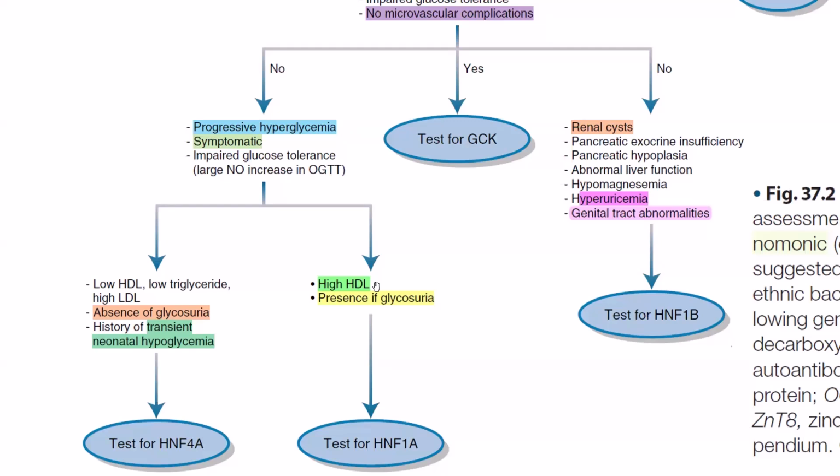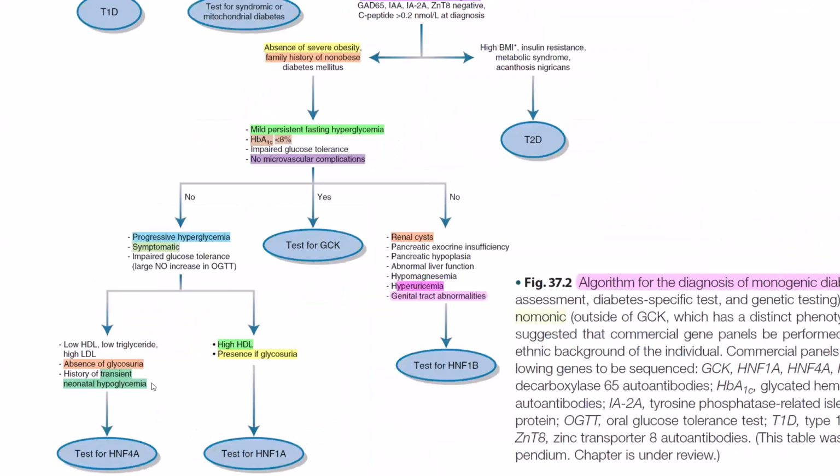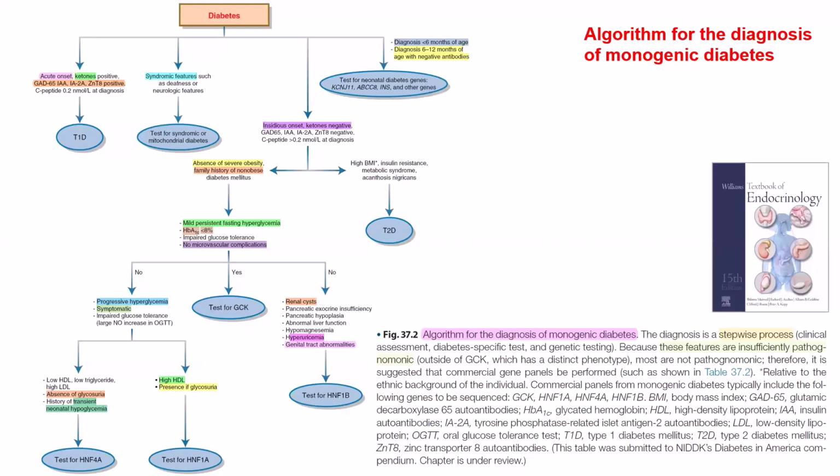If we have high HDL and presence of glucosuria, it is HNF1 alpha. If we have low HDL, high LDL cholesterol, absence of glucosuria, transient neonatal hypoglycemia, and a macrosomic baby, it is HNF4 alpha. This is the algorithm presented in the latest edition of the Williams textbook, which is a very important algorithm for the different forms of hyperglycemia.